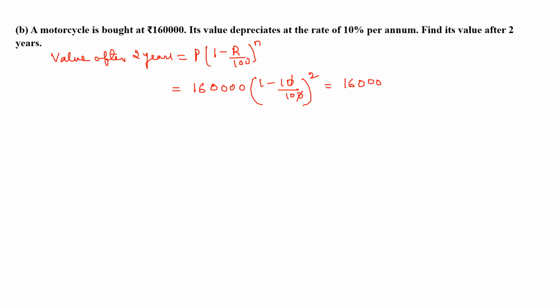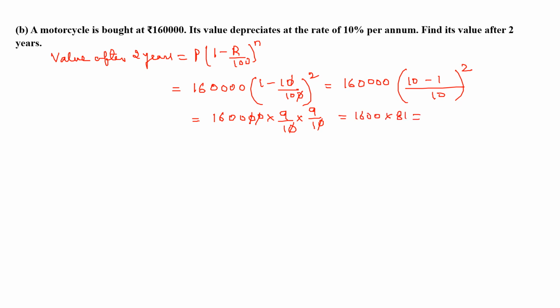So it is 1,60,000 into ((10 minus 1) by 10) square. Now 10 minus 1 will give you 9 by 10, and as it is a square I am writing it 2 times. The zeros cancel. So it is 1600 into 81. So find out 1600 into 81. You will get this as your answer. Okay, so the value will become 1,29,600. So this is the value after 2 years.